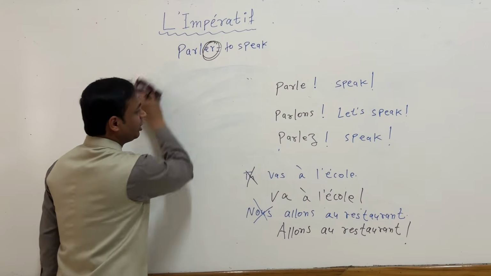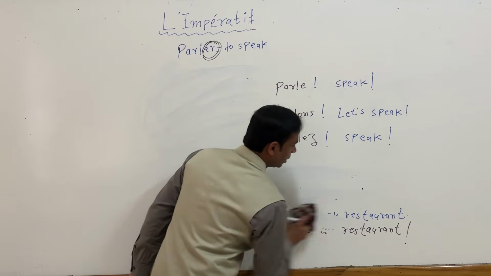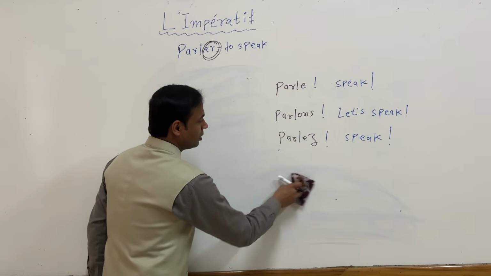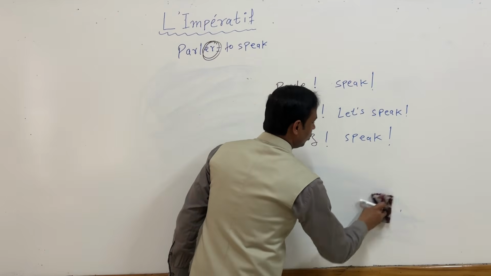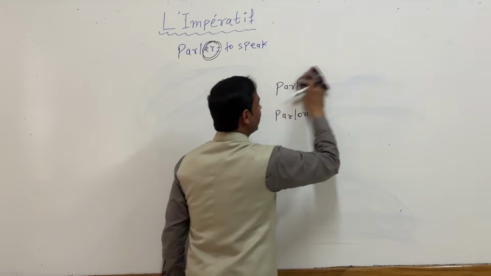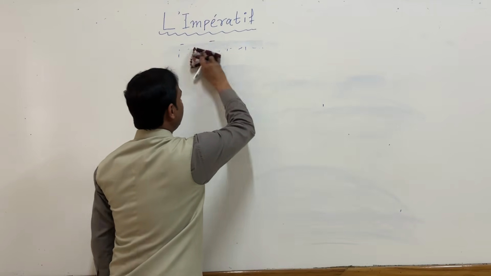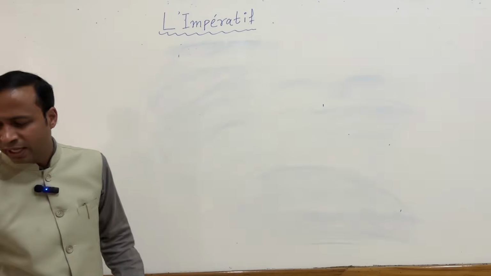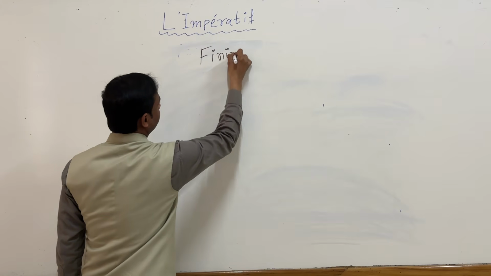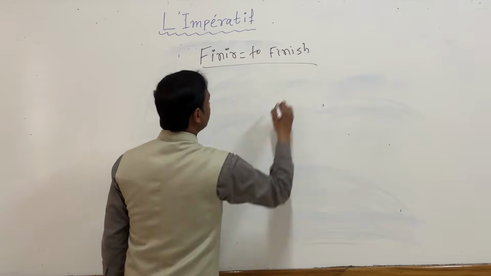Notes are very important in any foreign language class, because if you write in your notebook, you practice the word and the spelling, and that helps you write correctly in the examination. Now let me write a verb in the IR category, for example, finir. Finir means to finish.